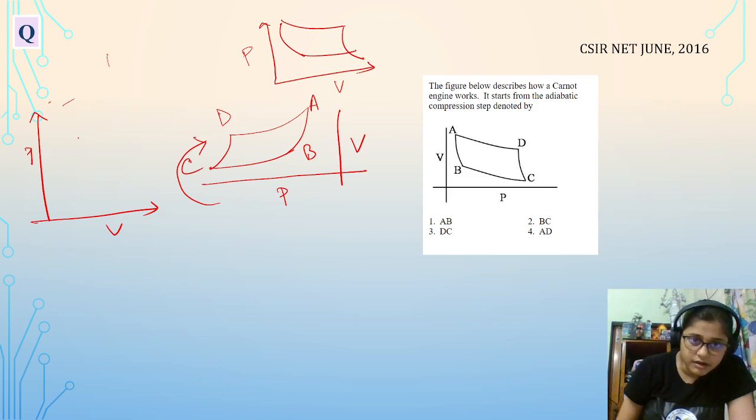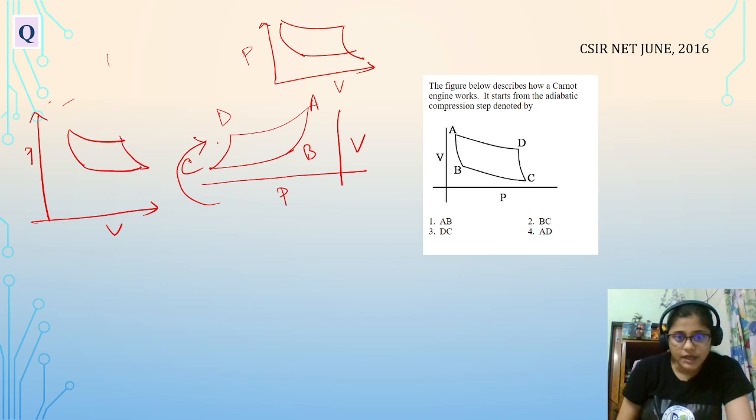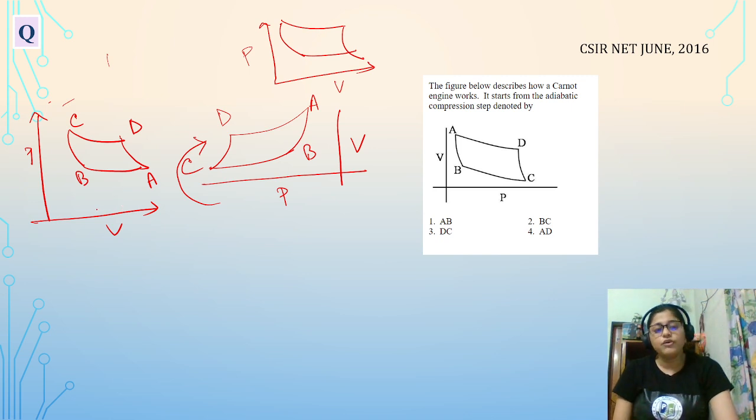If we move it again, it will be this, this, this, and this. When it goes upside, CD becomes B, and this is A. So now we know this is the Carnot cycle, the PV graph.